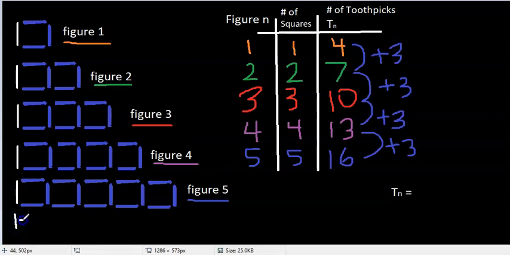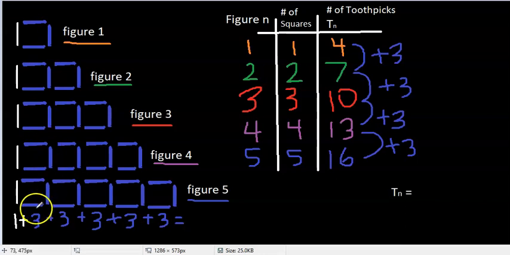So 1 plus, I'm going to switch to blue, so my first group of 3 toothpicks, and then my second group of 3 toothpicks, plus my third group, my fourth group, plus 3, remember, is 3 toothpicks that I'm adding, and then my fifth group of 3 toothpicks, for a total of 3 plus 3 plus 3 plus 3 plus 3.